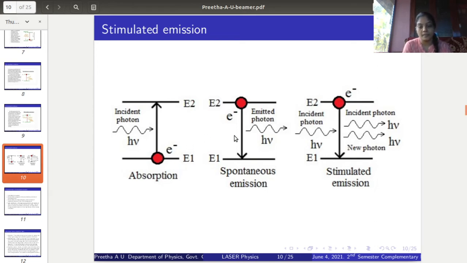Now what happens when energy is absorbed by the electrons of the atoms at the ground state? They get excited, and due to the short lifetime, they come back to the original ground state, so the population is maintained like that.